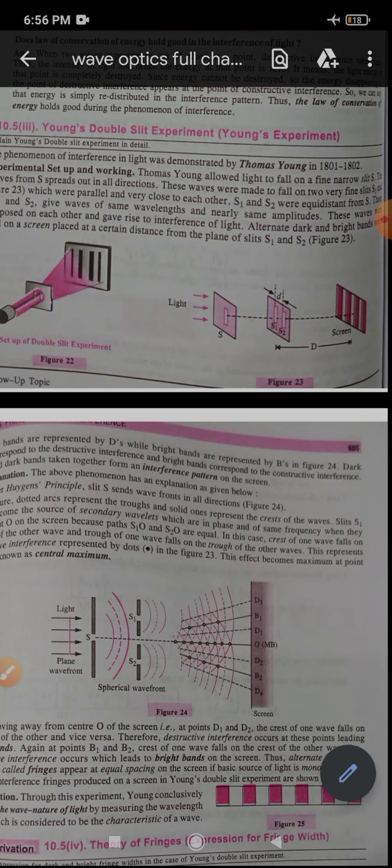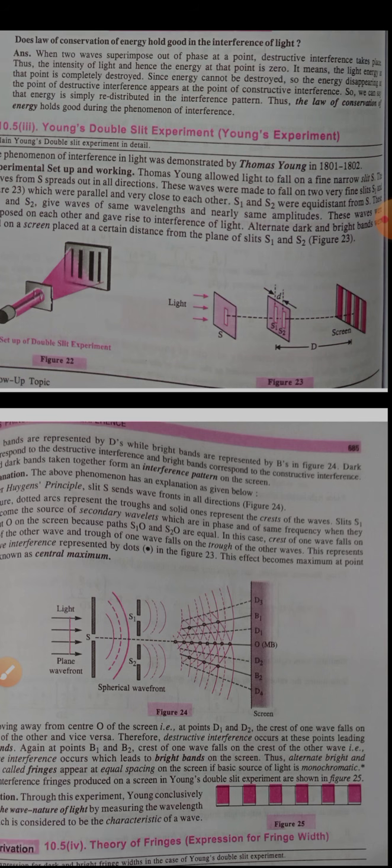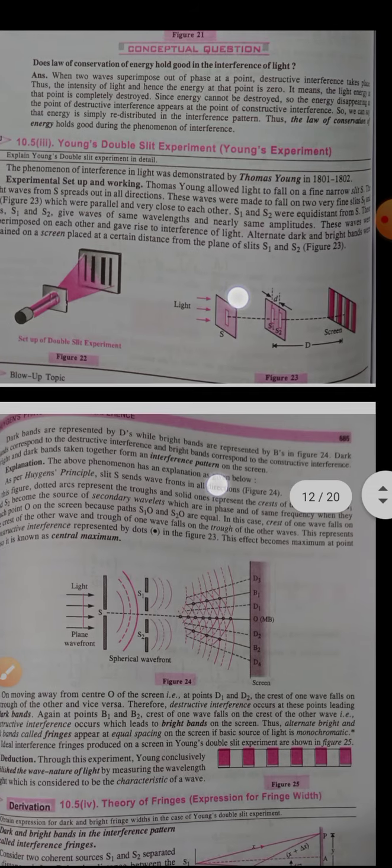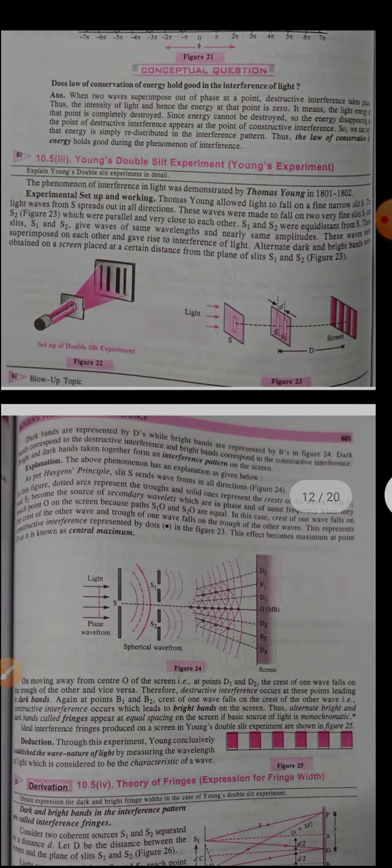S1 and S2 are equidistant from S, that is, they are placed at an equal distance. Next, the S1 and S2 slits give waves of the same wavelength and nearly the same amplitude.